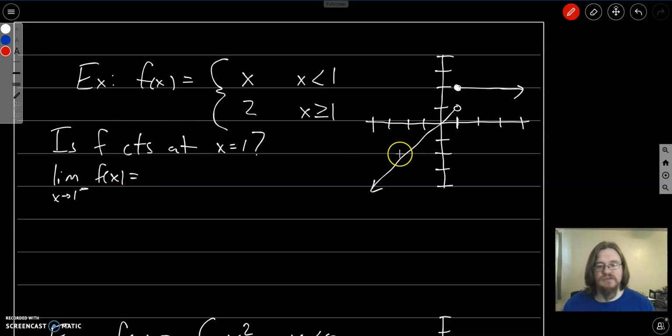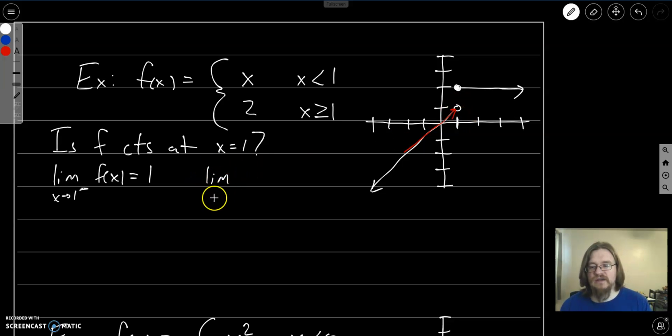So as x approaches 1 from the left, as we come up our line, we can see that we are getting closer and closer to x equals 1, y equals 1. So the height of our function as we come up from the left is going to approach 1.